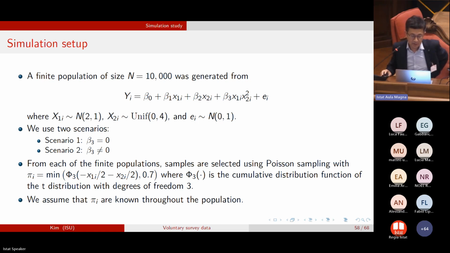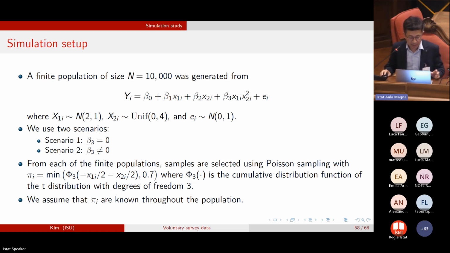Scenario one is beta 3 is 0, which means there's no nonlinear model; the true model is linear. Scenario 2 is that the true model is nonlinear, which is more realistic because we never know the true model, so there must be some sort of nonlinearity, but we don't know which.